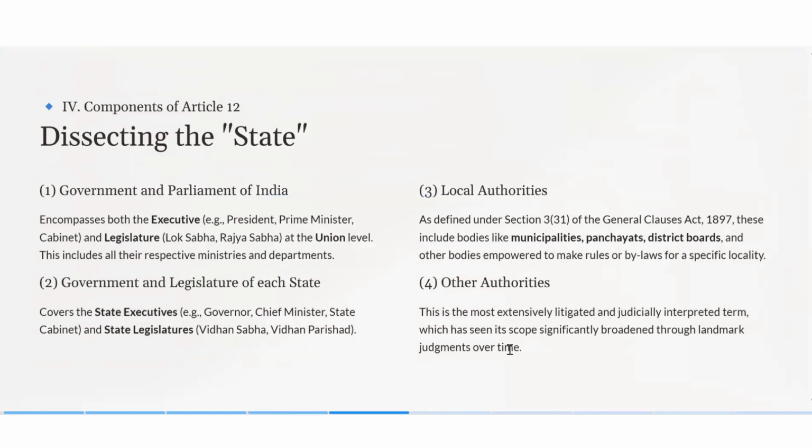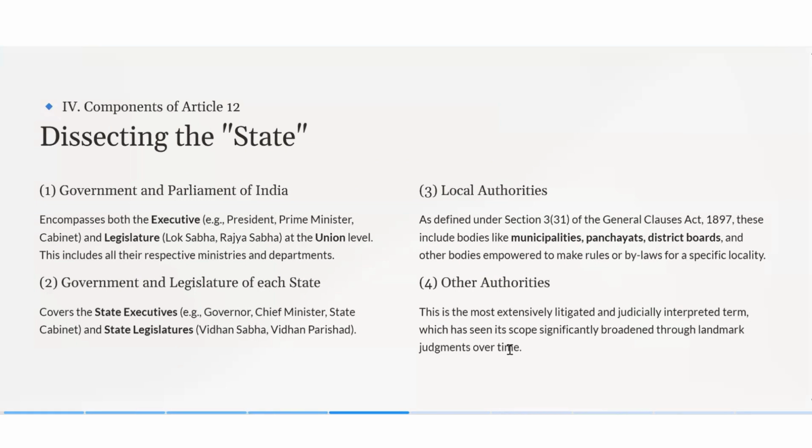Dissecting the state now, what are the components of Article 12? The Government and Parliament of India encompasses both the executive, for example, the President, who is the executive head of the state, the Prime Minister, and the Cabinet, and the legislature, Lok Sabha and Rajya Sabha, at the union level.